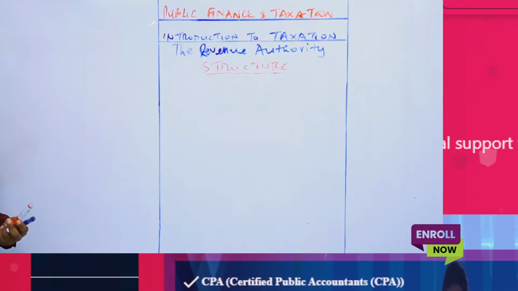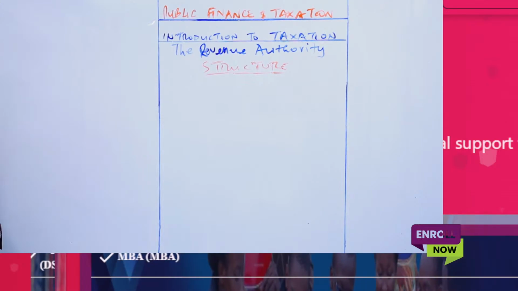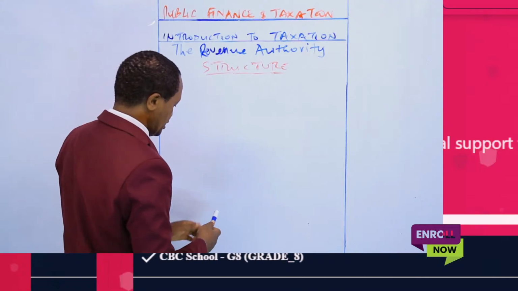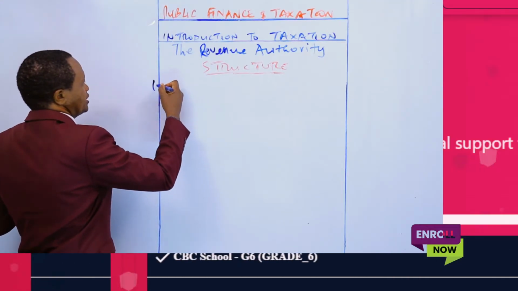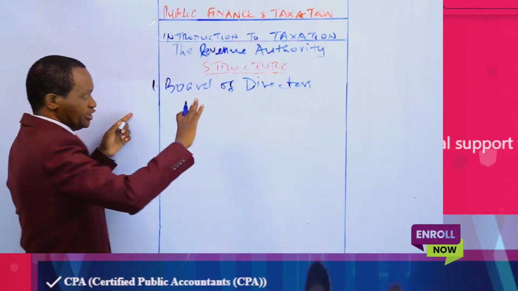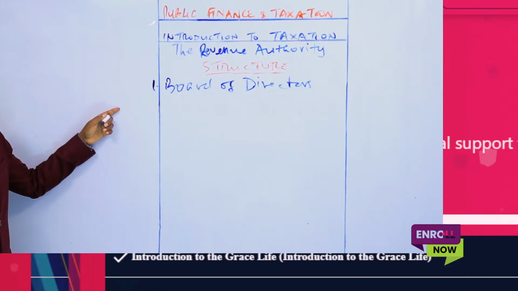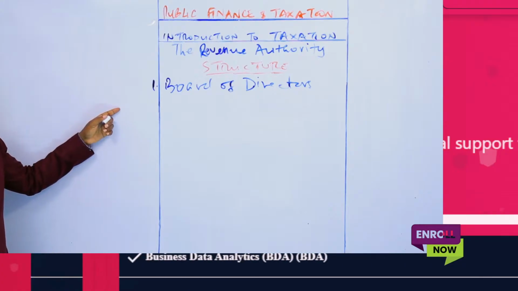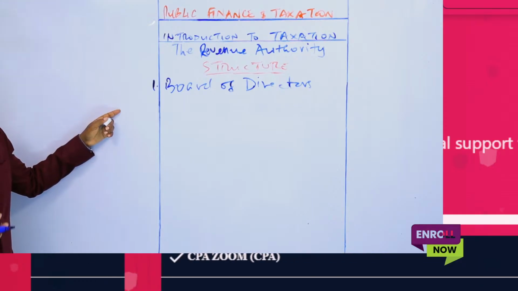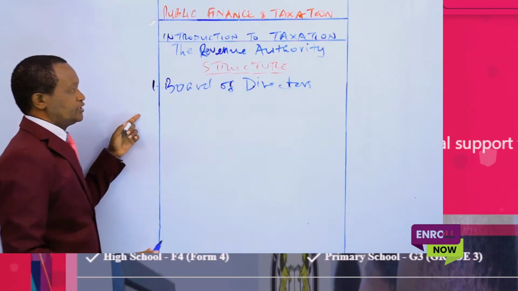And while specific departmental names and reporting lines can evolve, the general structure includes: 1, at the top, we have the board of directors, which provides strategic oversight and governance. And the chairman of the board is appointed by the President of Kenya.